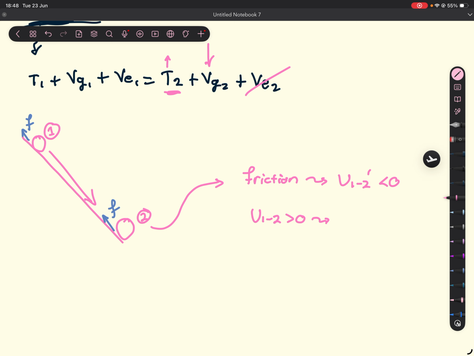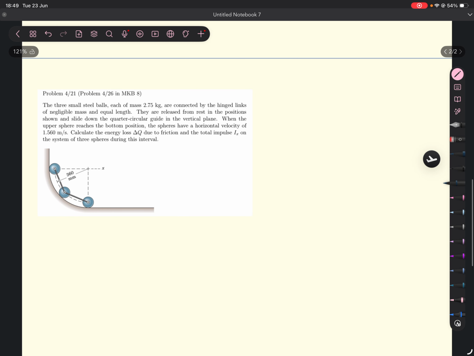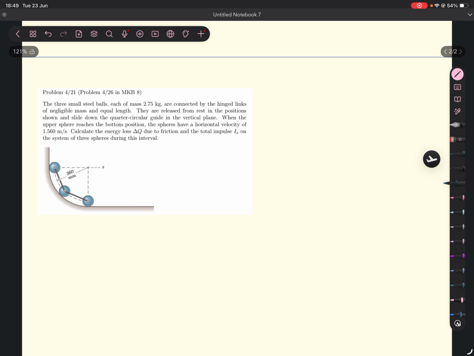Okay, let's do an example with that. We're given this example where 3 small steel balls each have a mass of 2.75 kilograms. They're connected by hinged links of negligible mass and equal length, and we're told that they're released from rest in the positions shown, and then they slide down a quarter circle.